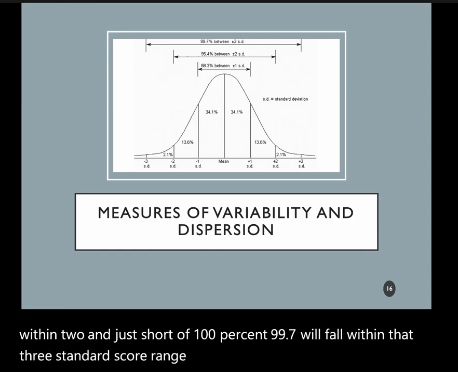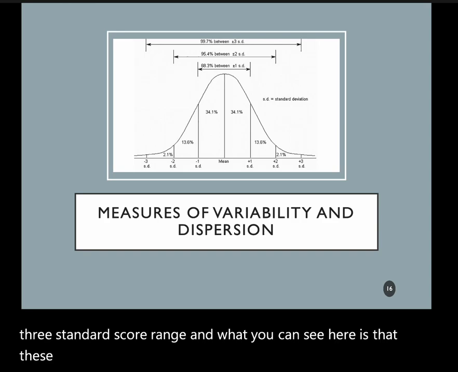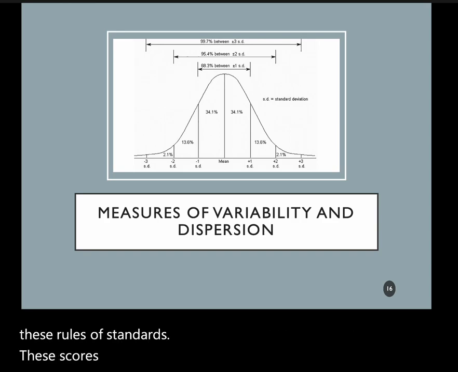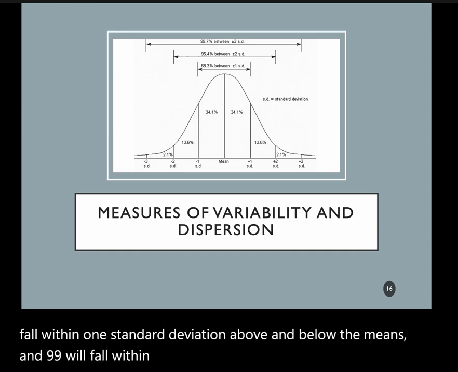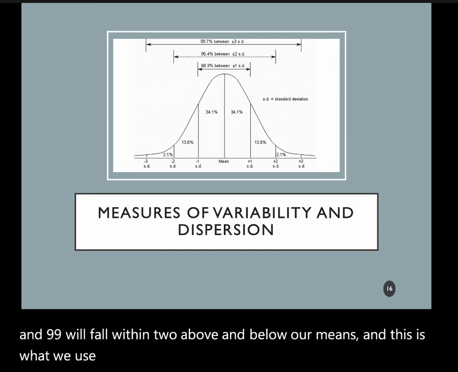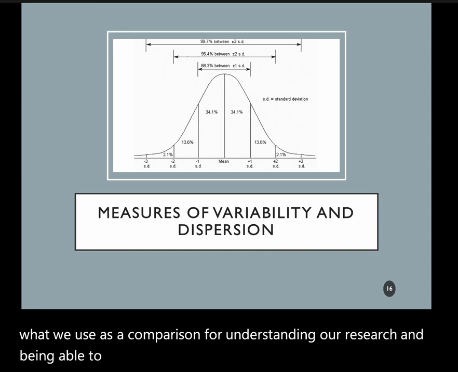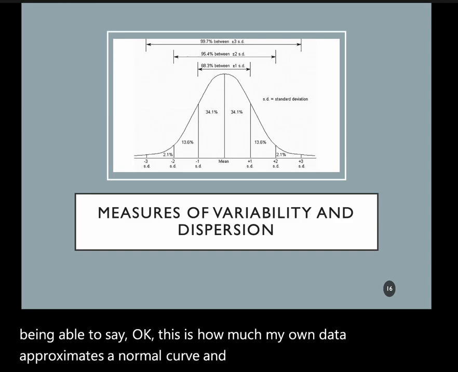And what you can see here is that these rules of standard z-scores mean that approximately 68% of our data points will fall within one standard deviation above and below the mean, and 95% will fall within 2 above and below our mean. And this is what we use as a comparison for understanding our research and being able to say, okay, this is how much my own data approximates a normal curve and how I understand it.